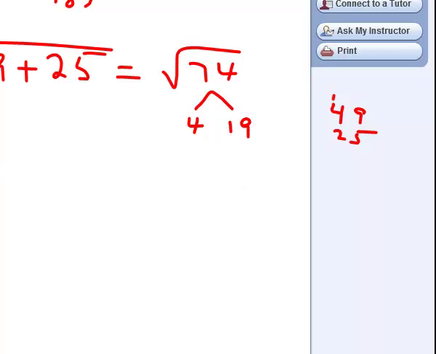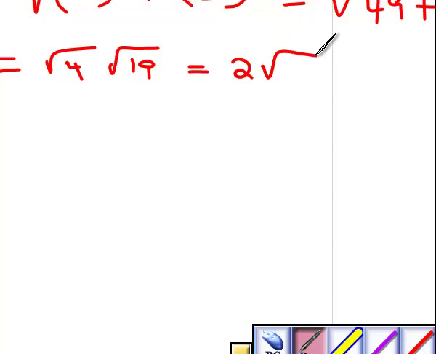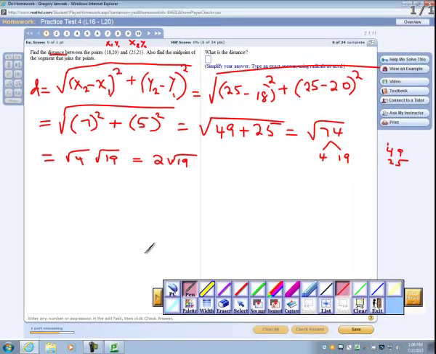So that means our distance is going to be what? This would be like saying the square root of 4 times the square root of 19. And so that gives us what? Yeah, 2 square root 19. Okay? All right, so that's our distance.